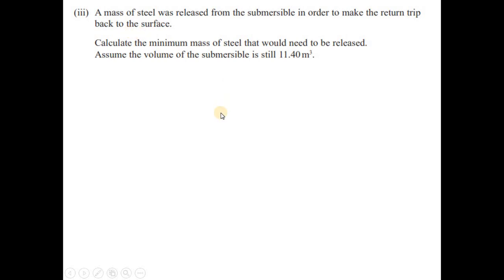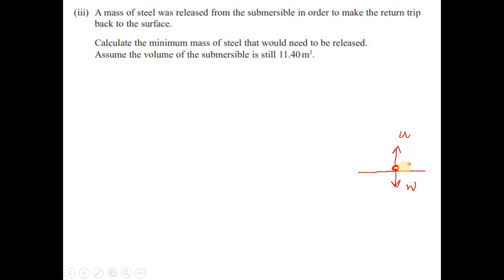Part 3. A mass of steel was released from a submersible in order to make the return trip back to the surface. Calculate the minimum mass of the steel that would need to be released. Assume that the volume of the submersible is still 11.4 meter cube. Suppose you have a submersible at the bottom. In this case, you have a weight acting down and upthrust acting upward.